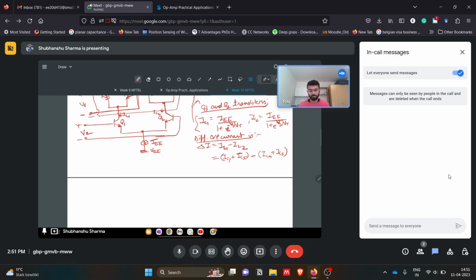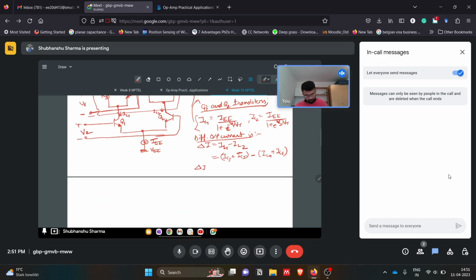So by rearranging and substituting, we finally get delta I equals IEE tanh of V1 by 2Vt times tanh of V2 by 2Vt.